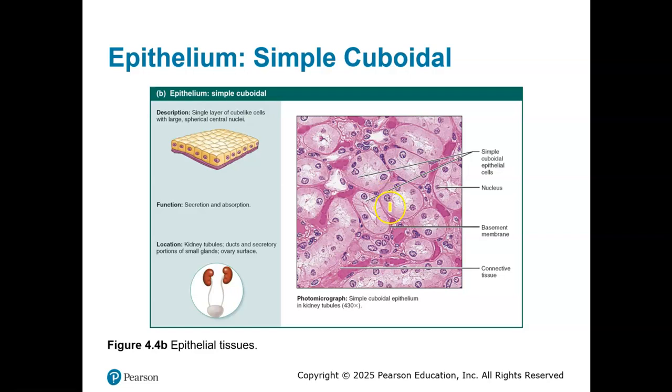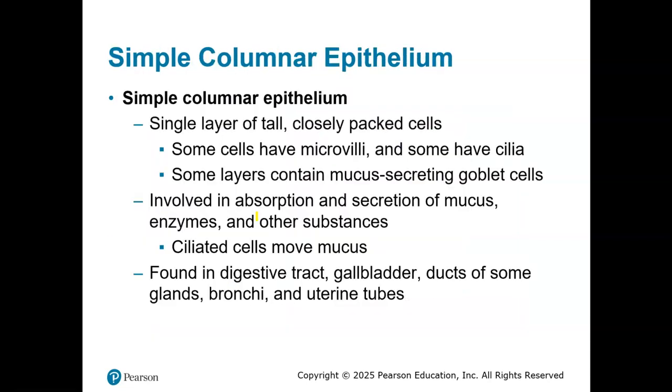It's a little bit blurry, but this is the lumen or the space inside the tube, and then you see the cells that form the tube. So simple cuboidal is going to form the kidney tubules. There are other examples, but this is the best example of where we have simple cuboidal epithelial tissue.